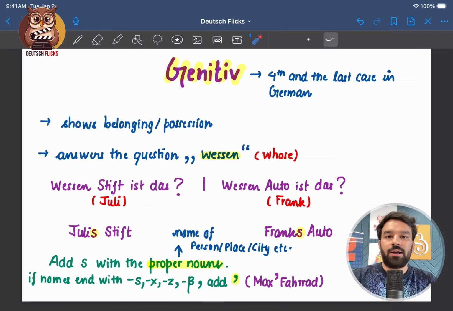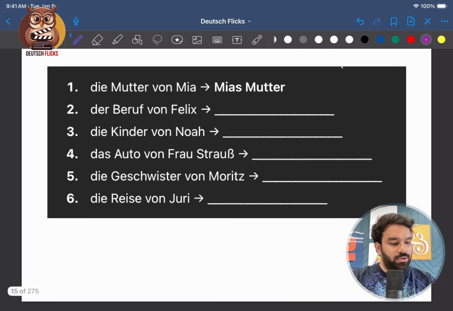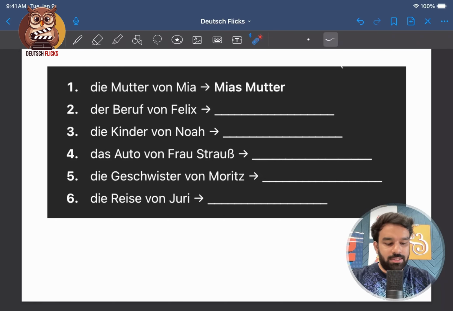So if you have understood this, you have to solve one exercise. Okay, so Nummer 1, which is already solved, you can take it as a hint. Die Mutter von Mia, the mother of Mia. So before genitive, that's how we used to express it. Now we are replacing of and we are simply saying Mia's mother.